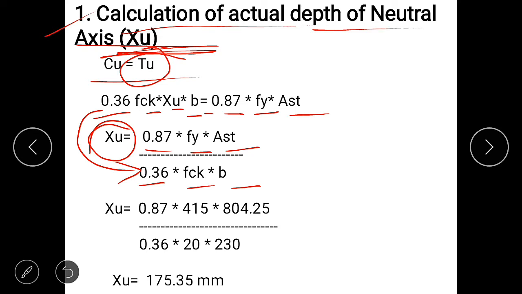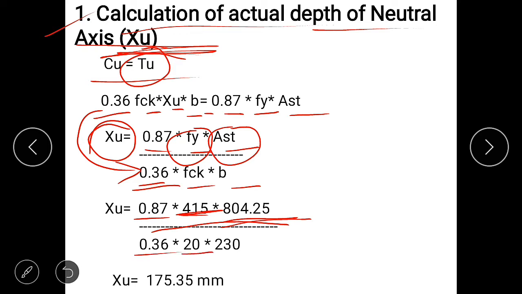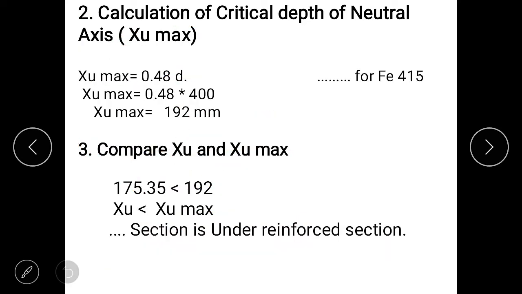So 0.87 into 415 into 804.25, divided by 0.36 into 20 into 230, the width of the beam. So Xu here is 175.35.